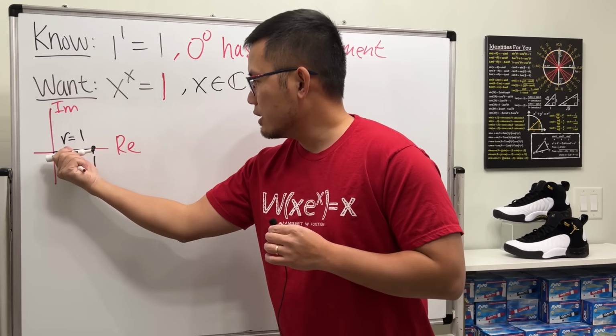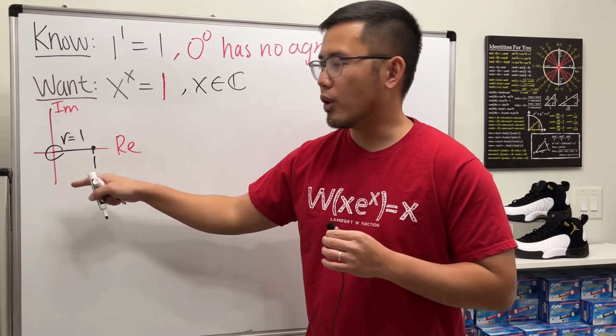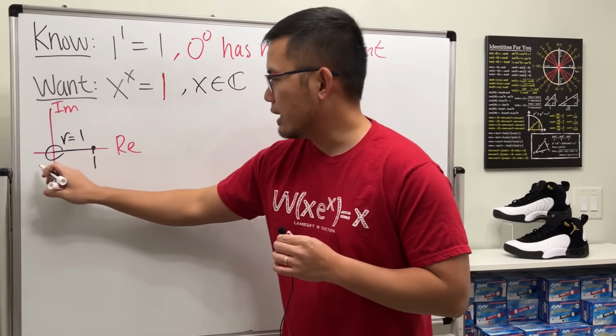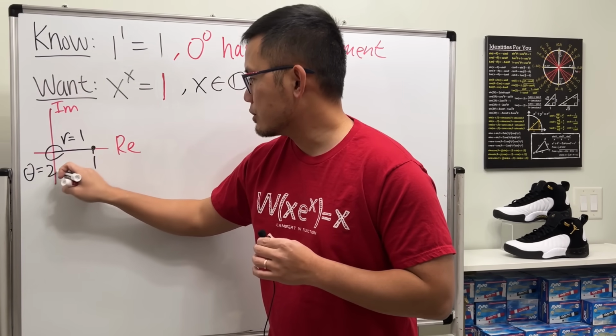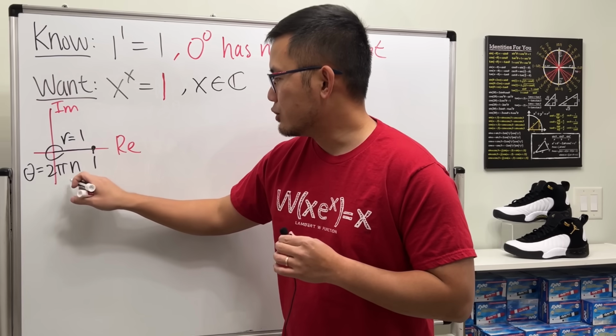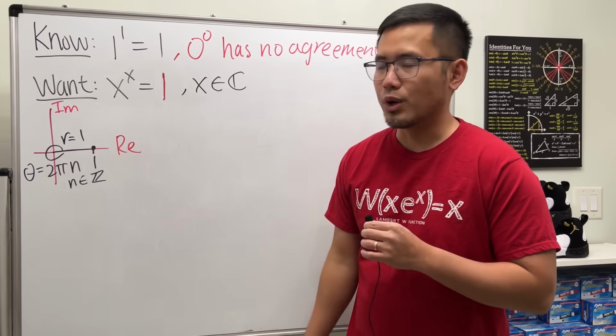As we can see, the first angle is 0, but of course you can rotate it 2 pi, or do it again, or go backwards, and so on. So the angle is not just 2 pi, but rather 2 pi times an integer n, because you can rotate whichever many times that you want.